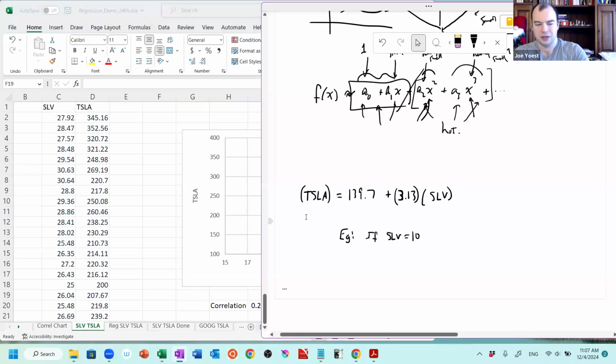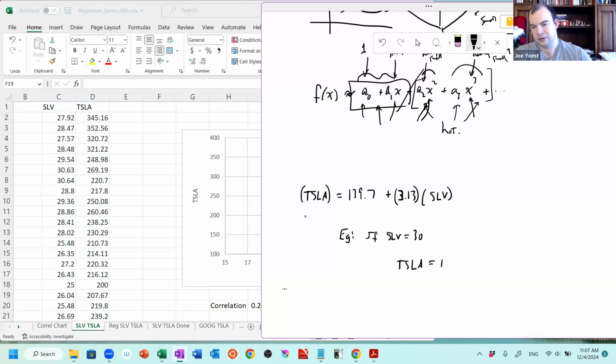So if we use somewhat reasonable numbers here, if silver was 30, then my estimate for Tesla is 139.7 plus 3.13 times 30.